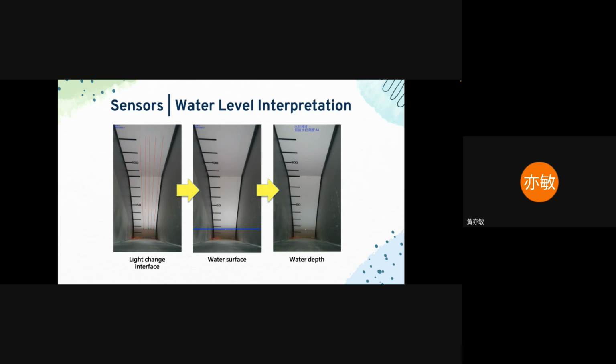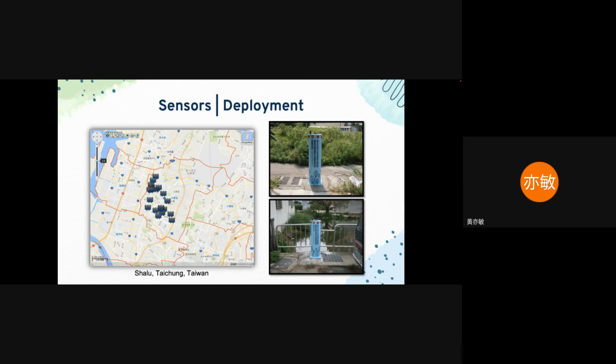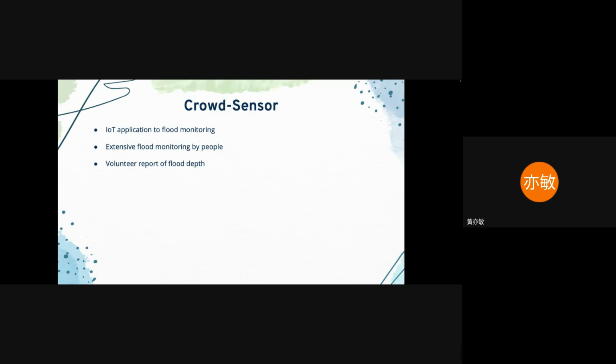Today we can even use AI algorithms because they can easily recognize the depths. And we put them all together in one sensor box, and we install them at the hotspots of the flooding. So these here are the locations where we put our sensors on site. This is a real case and it is working now.